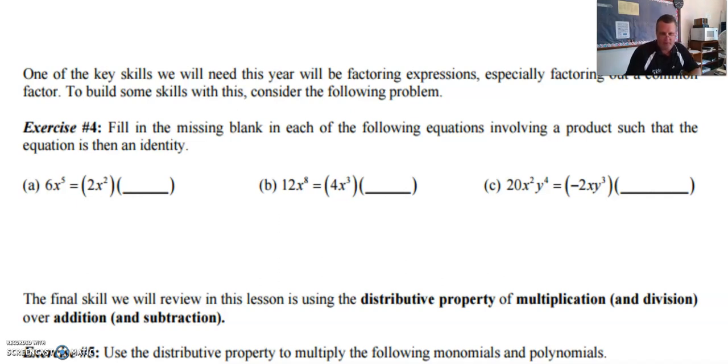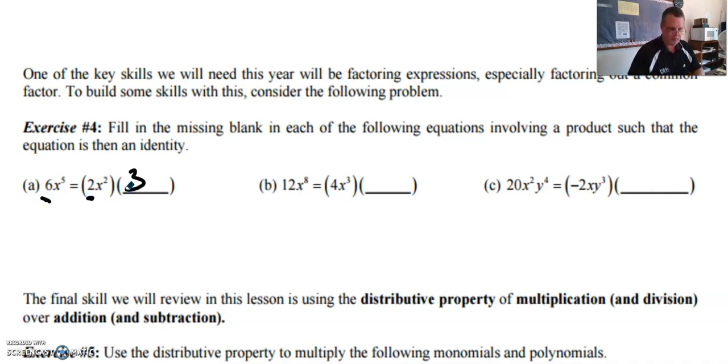Now, fill in the missing blank with each of the following. What they're doing is giving us the solution. So they're giving us the 6x to the 5th, which is the product of 2x squared and another term. So we're working backwards. We have a 2 over here. We have a 6. What would we multiply the 2 by to get a 6?